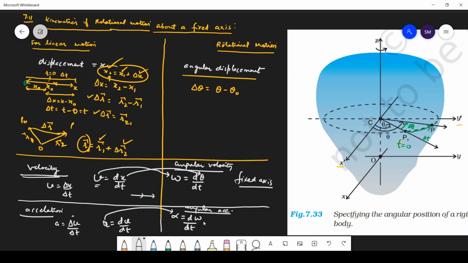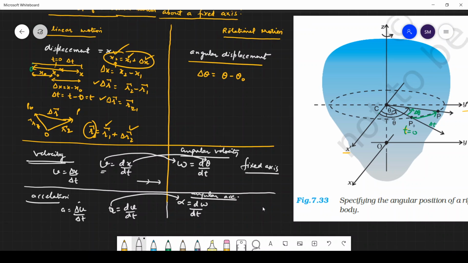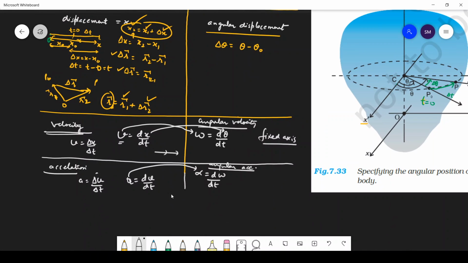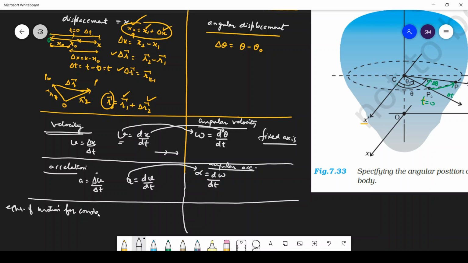Okay, now the next step is to derive the three equations of motion for constant acceleration using the calculus method.